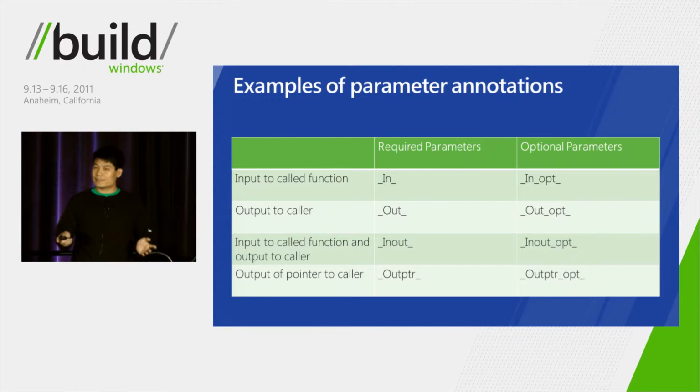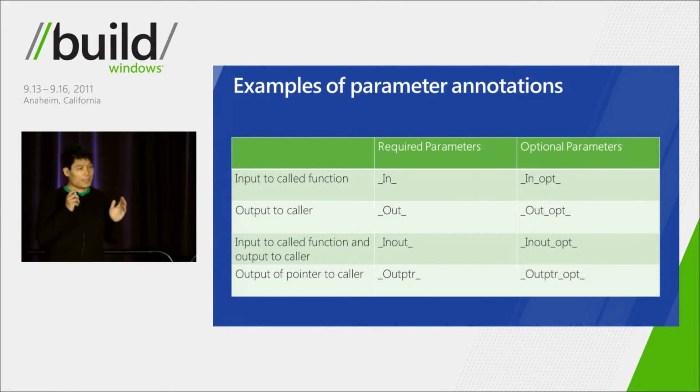So here's a classification of the common SAL annotations for pointer parameters. If you have a pointer for an input parameter that has been initialized by the caller, you should use annotation in.